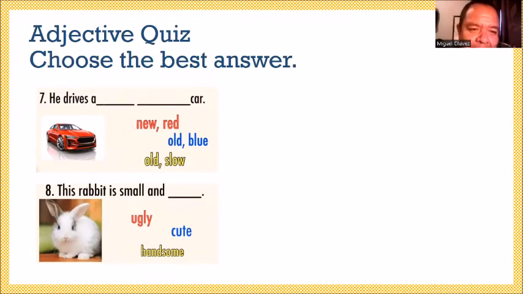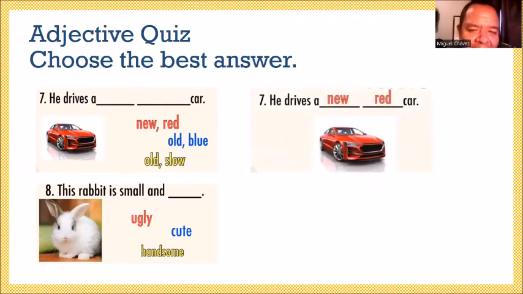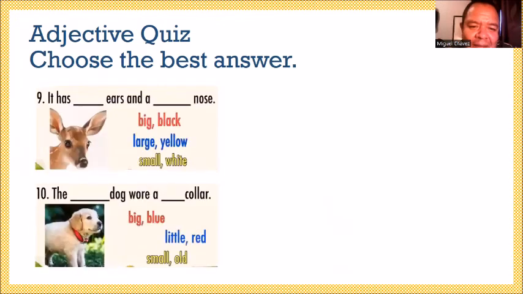Take into account the pictures, please. She drives a new red car. Yes, thank you. Number 8, please. This rabbit is small and cute. Yes, you're right. Number 9.